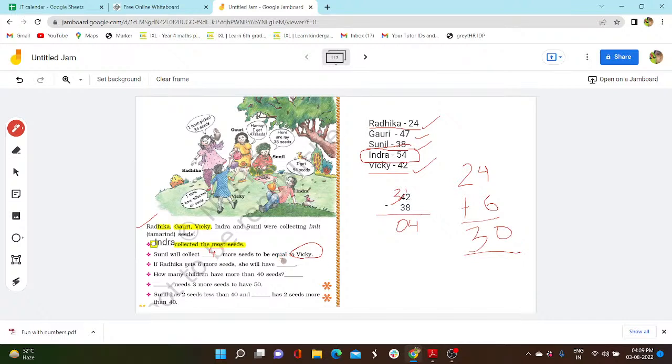So we can write 30. Let's move on. How many children have more than 40 seeds?